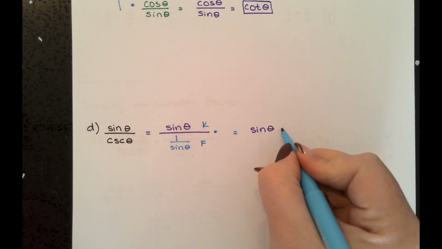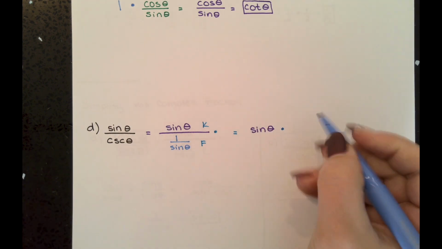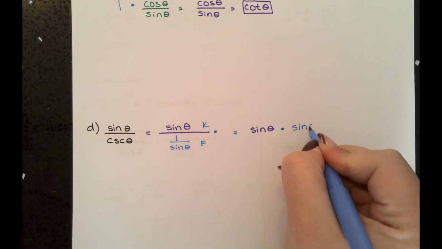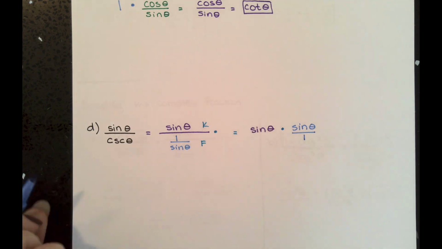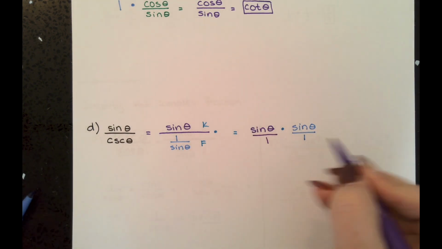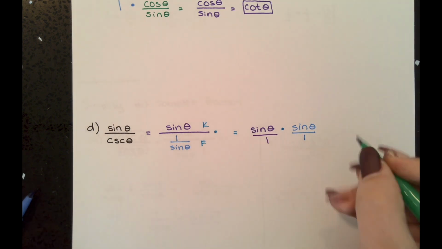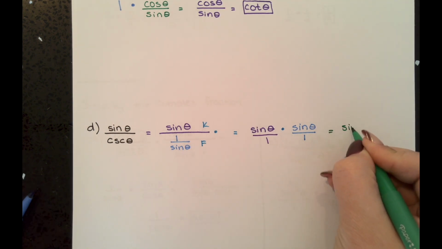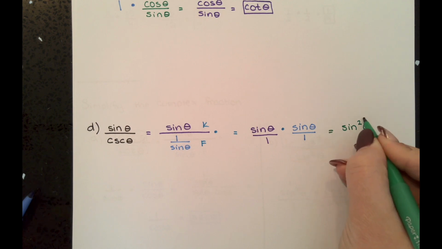Change to multiplication. Flip the bottom. Make it into a fraction if you need to. Sine times sine is sine squared of theta.